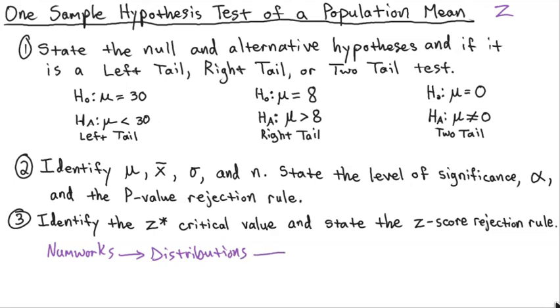Once you get into distributions, you're going to select the normal distribution, and make sure that you select a mu of 0 and a standard deviation sigma of 1. This is the standard normal, and that's where we're getting the critical z value from. We're getting it from the standard normal distribution curve. Once we're in there, I'll show you what to do.